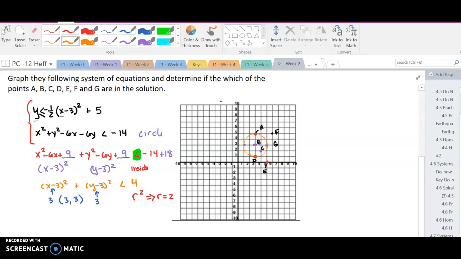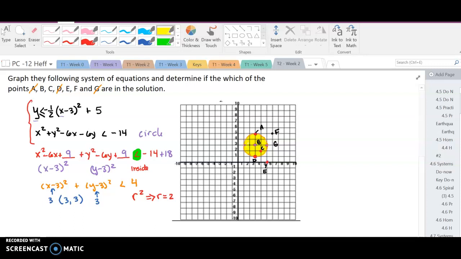And so because A and G and D are all on a dashed circle, they are not included. I could go ahead and remove those right now. It can't be A or G or D. Now I have to deal with the other shape, but we'll go ahead and shade inside the circle. That's the solution to one of our systems, the yellow shading.